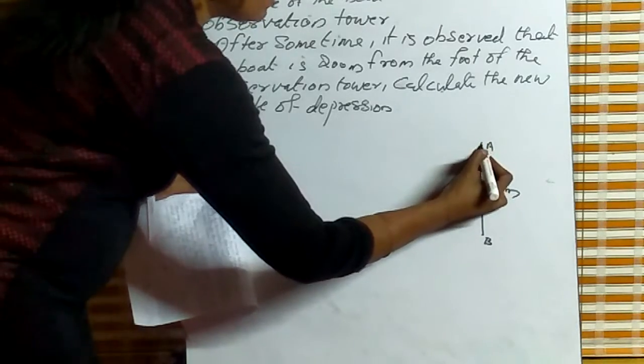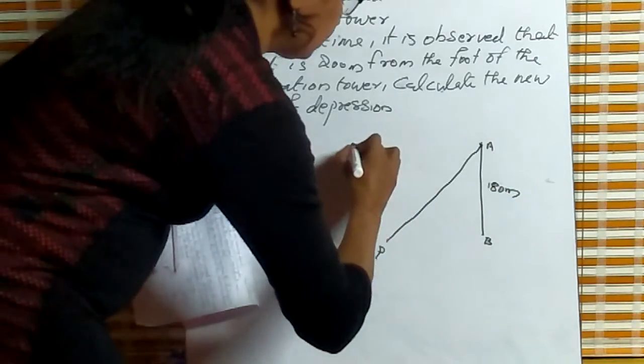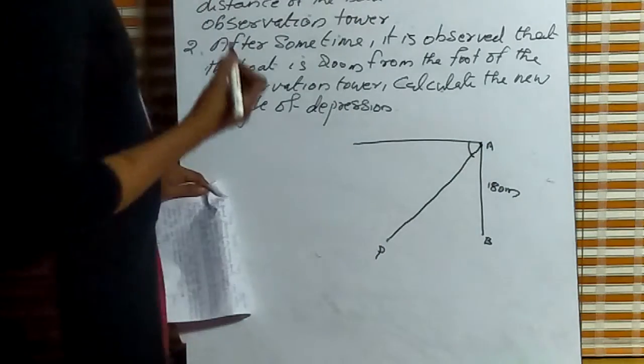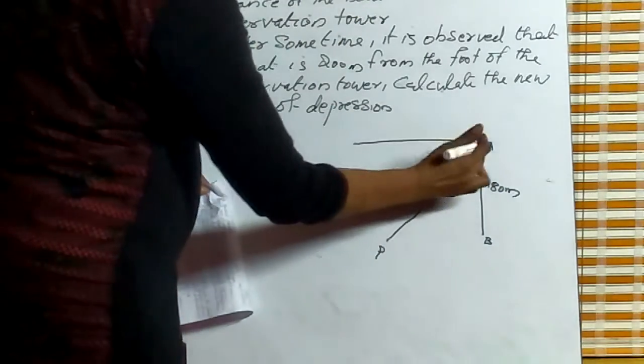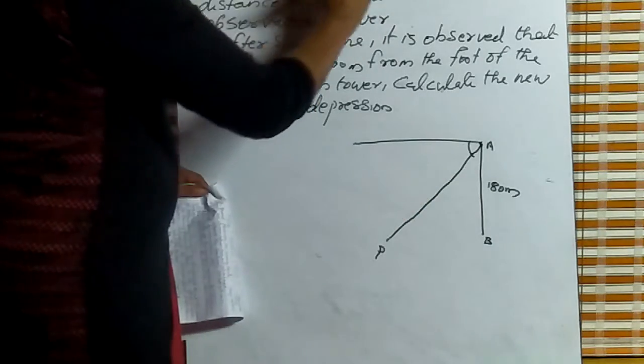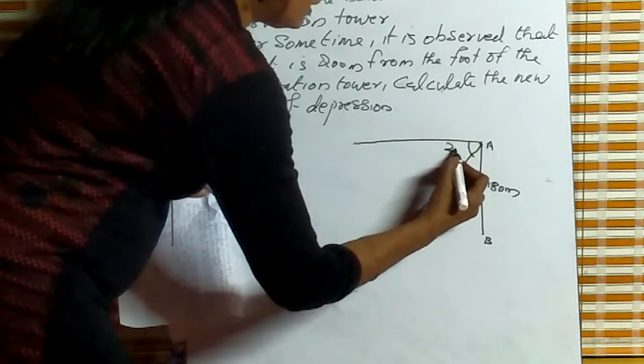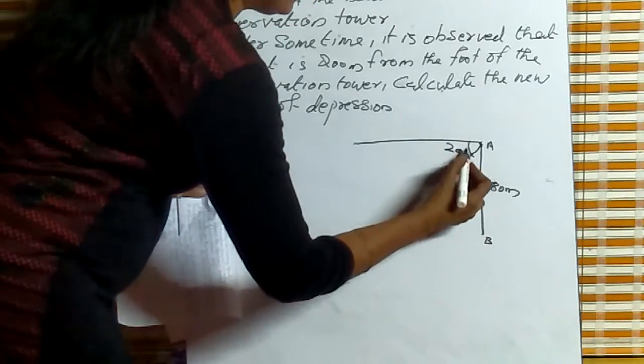His horizontal ray goes this way. This is the angle of depression, 29 degree.